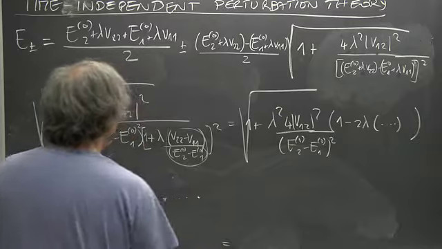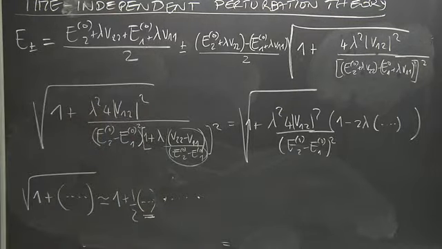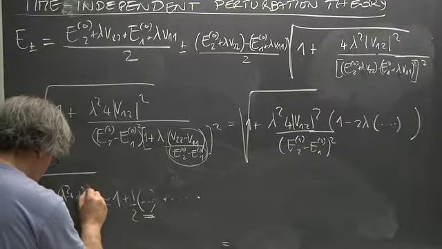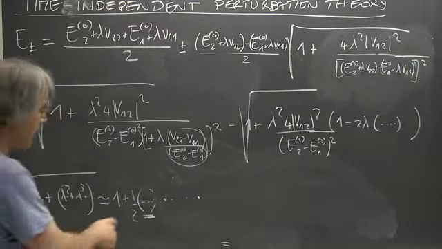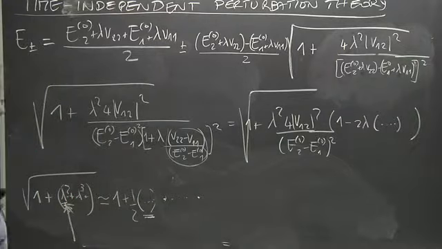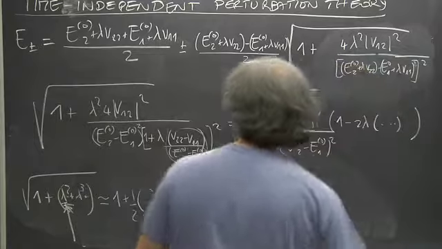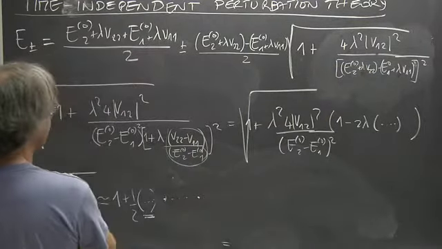All right? If I want to keep only the smallest correction, remember this is lambda square plus lambda cube plus blah, blah, blah. So the smaller correction, I can simply consider the lambda square, okay? So the smallest correction here is simply 1 plus 1/2 whatever I had there for lambda square.